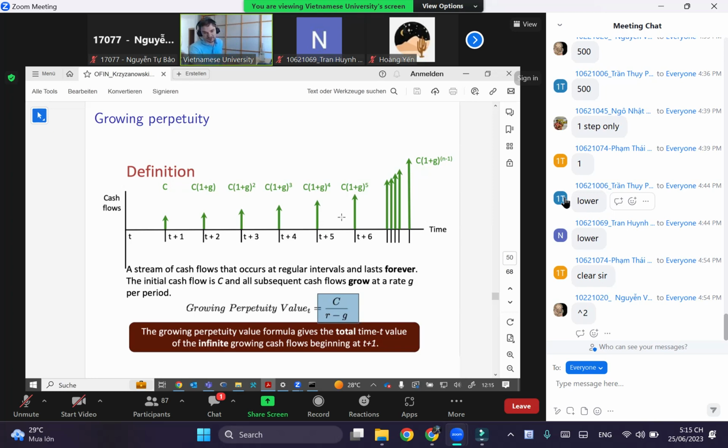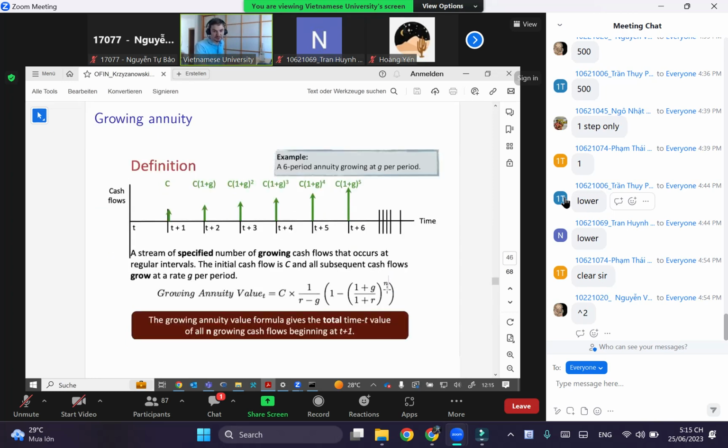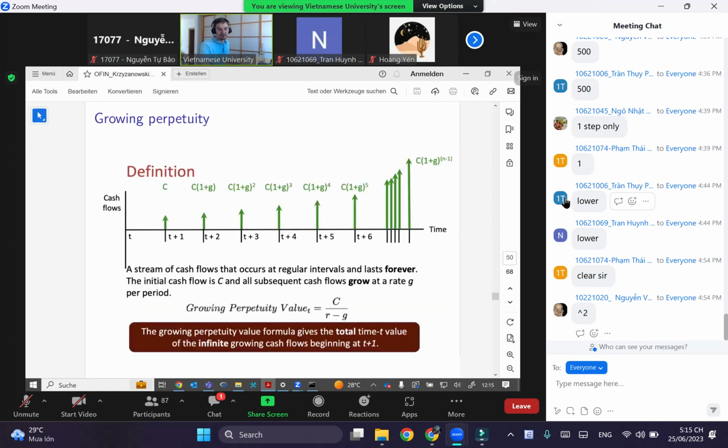When n goes to infinity, meaning when the number of periods goes to infinity, the formula to calculate the growing perpetuity value breaks down to C divided by R minus G. So when you are told, okay, we have a growing perpetuity, which pays initially a constant payment C, has a growing rate G, and has an interest rate R, then you only plug them into this formula to calculate the growing perpetuity value.